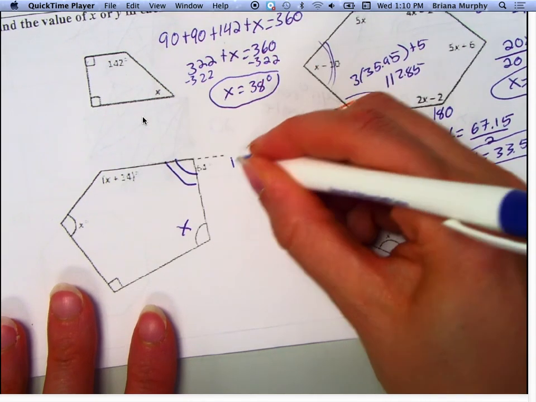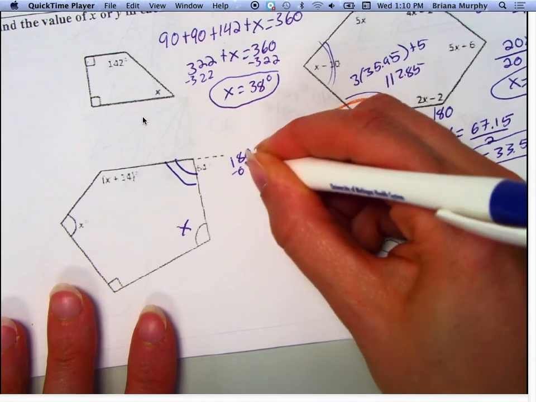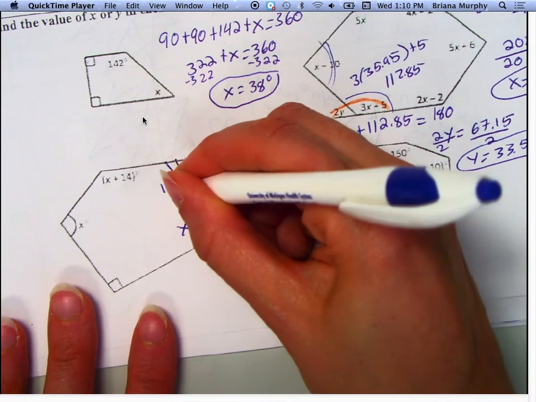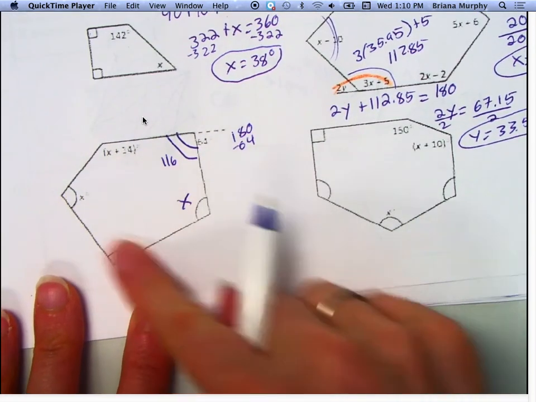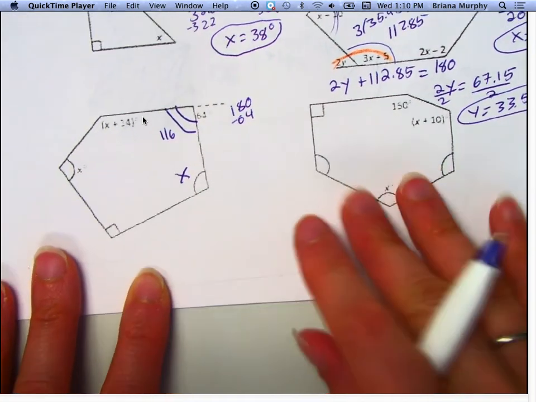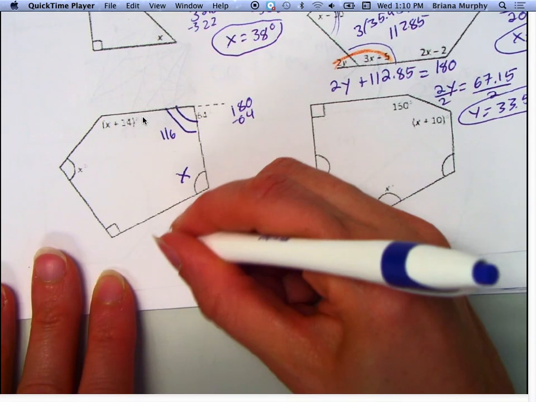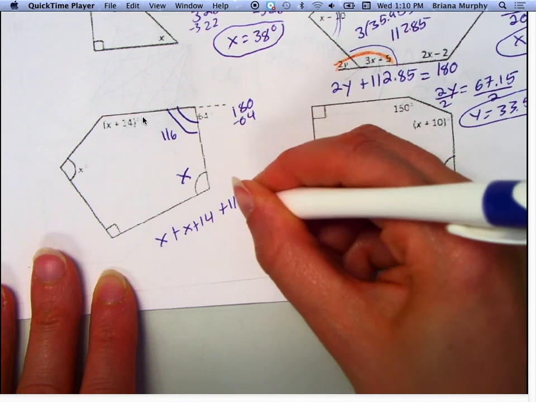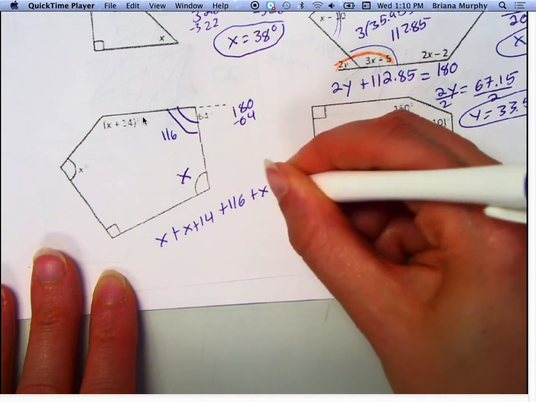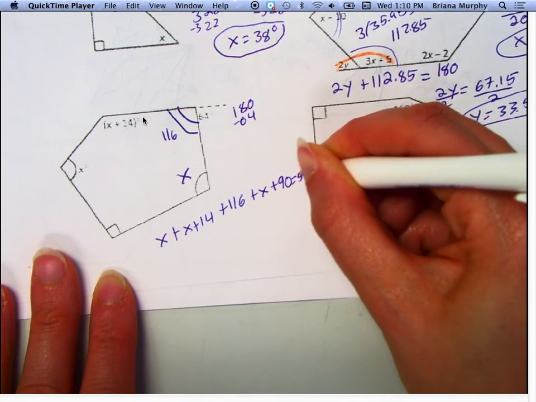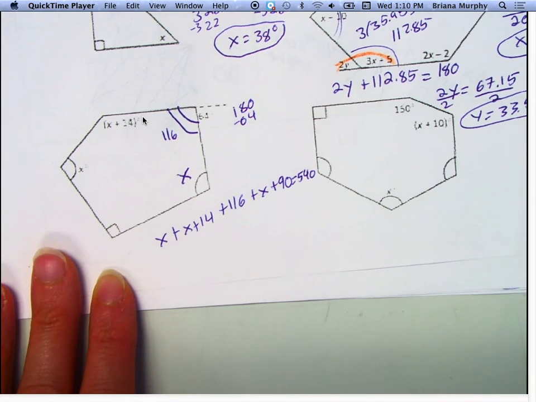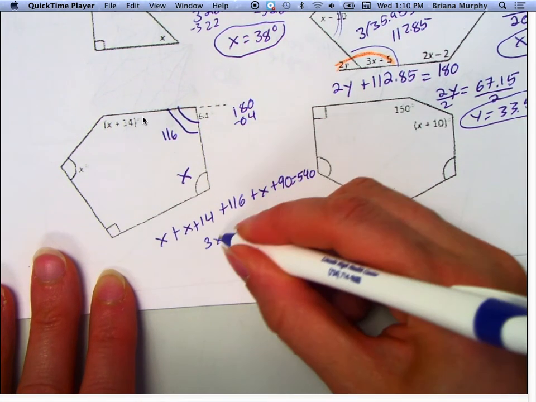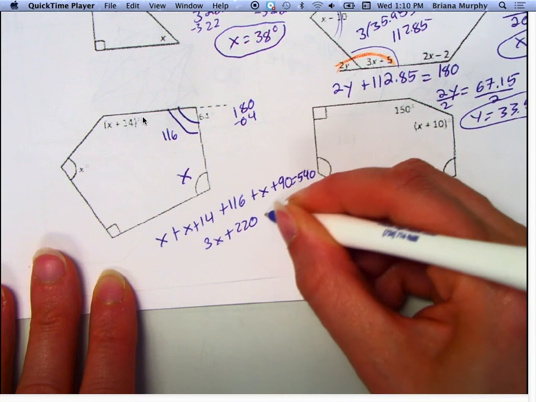So I start with 180 minus 64, which gives me 116. Then this has 5 sides, so I know it's going to add up to 540. So x plus 14 plus 116 plus x plus 90 equals 540. So I get 3x plus 220 equals 540.